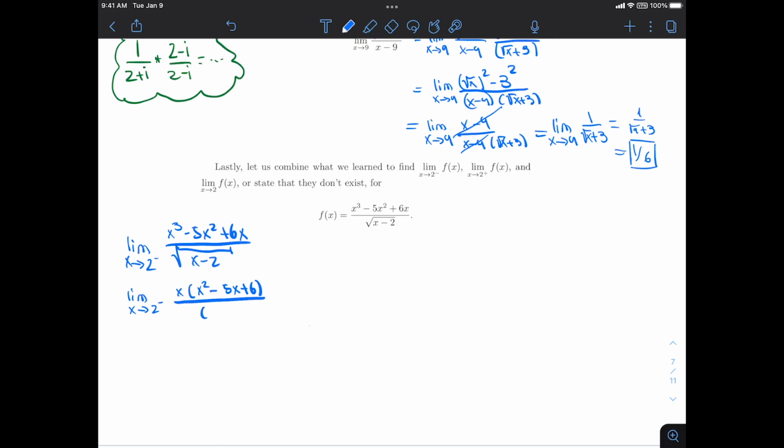And I can rewrite the bottom. Instead of writing the square root, I can write x minus 2 to the 1/2 power. And then I can further factor the top.